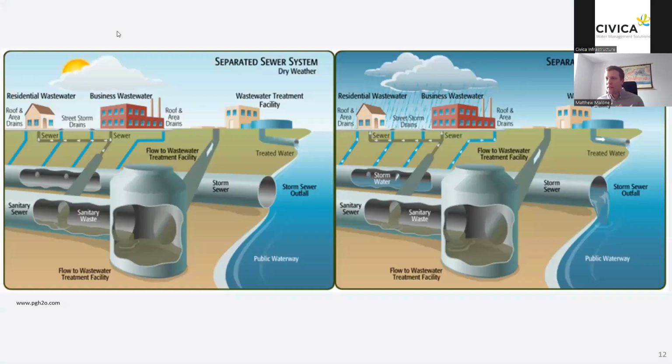So this is just a graphic showing how transient some of these flows are. When we talk about a separated sewer system, with storm sewers and wastewater systems, in dry weather your storm sewers may be dry, they may not be flowing at all. And then your wastewater systems are just those inputs from the human component or industrial component. And then when we have wet weather, that's when these things become active.